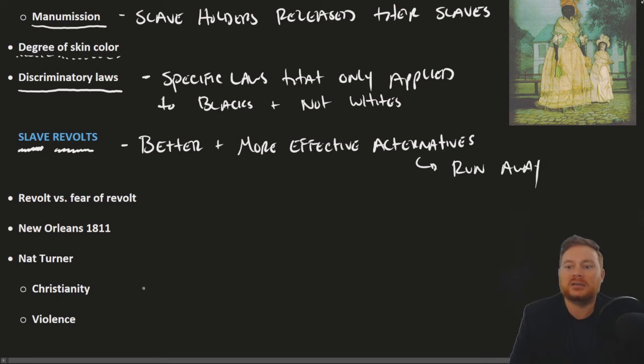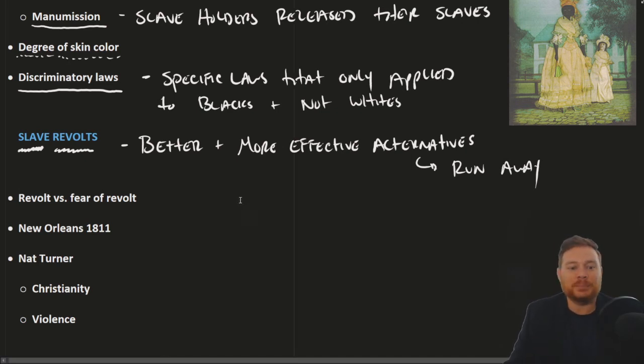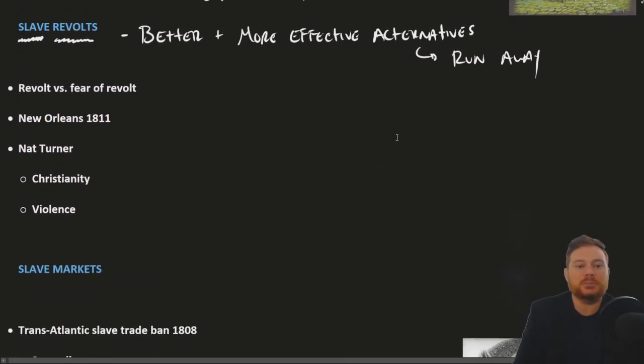The fact that the United States was so large meant one could run away, essentially having a better chance at survival, dealing the amount of economic damage to the slaveholder, and standing a better chance of surviving. That's not to say that slave revolts did not happen in the United States. We have two examples here.